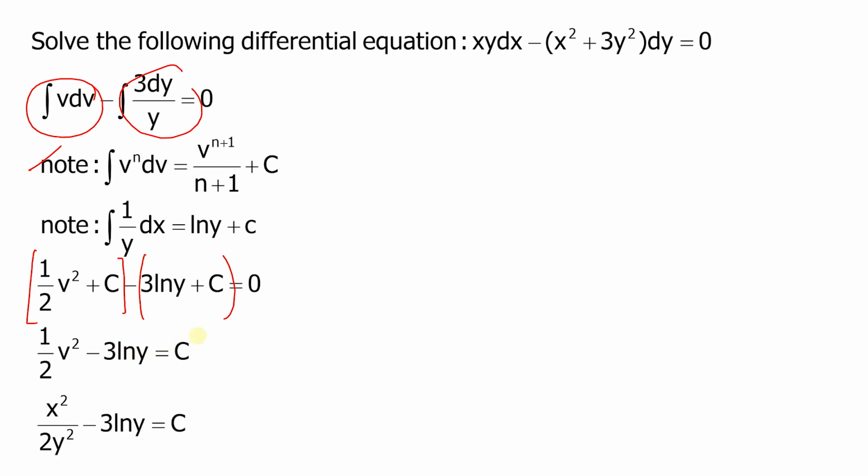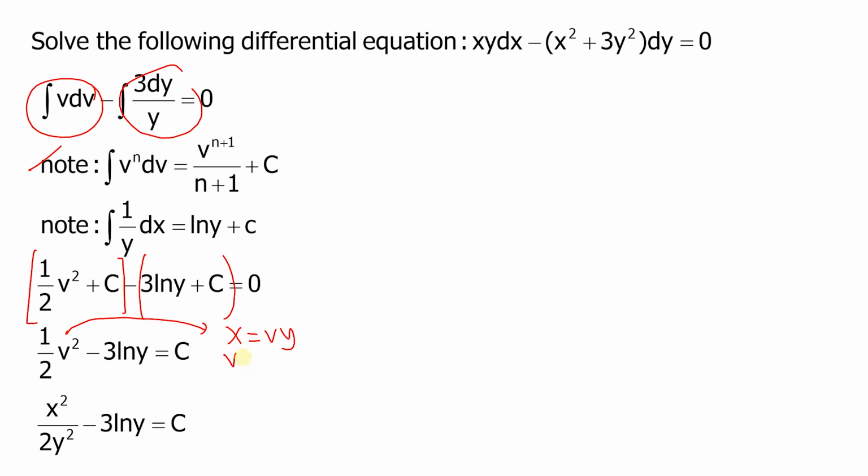Okay, then simplify. After simplifying, class, you may notice that x squared over y squared appears. That's because, take note, x is equal to vy. Earlier, at the very first step after checking, we substituted into the original equation.